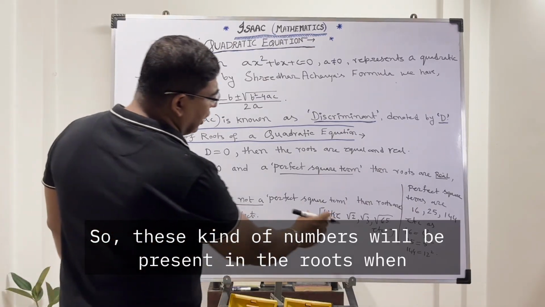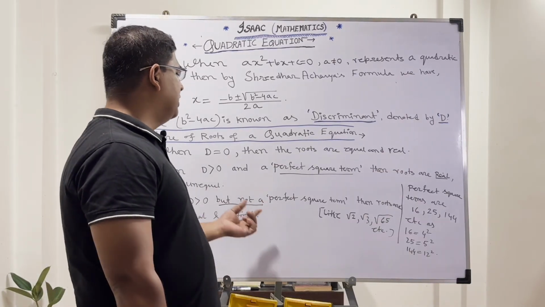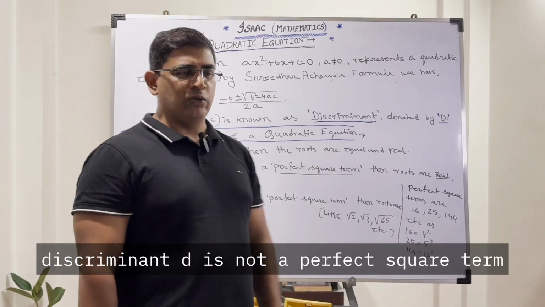So these kind of numbers will be present in the roots when discriminant d is not a perfect square term.